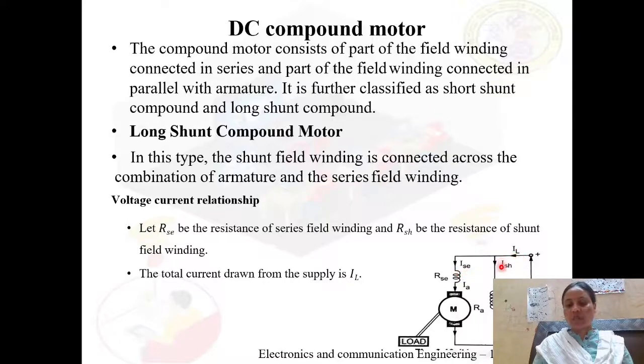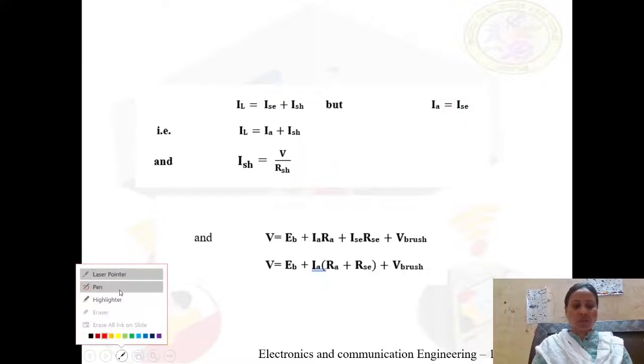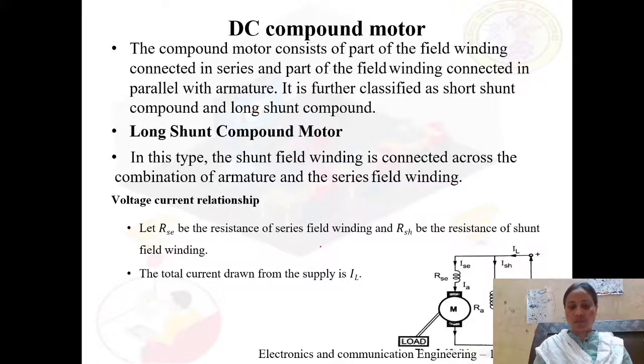Therefore, IL is equal to ISH plus ISE according to KCL, and also ISE is equal to IA, that is the armature current. So we have expressed these two expressions for the current, and now let us write the expression for the voltage.